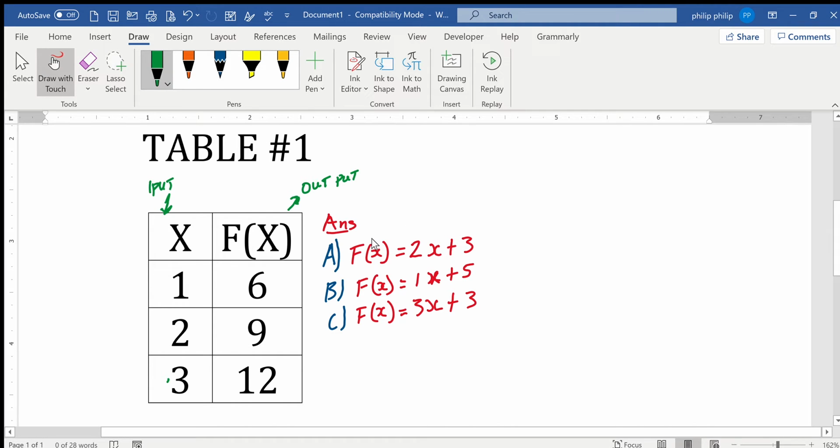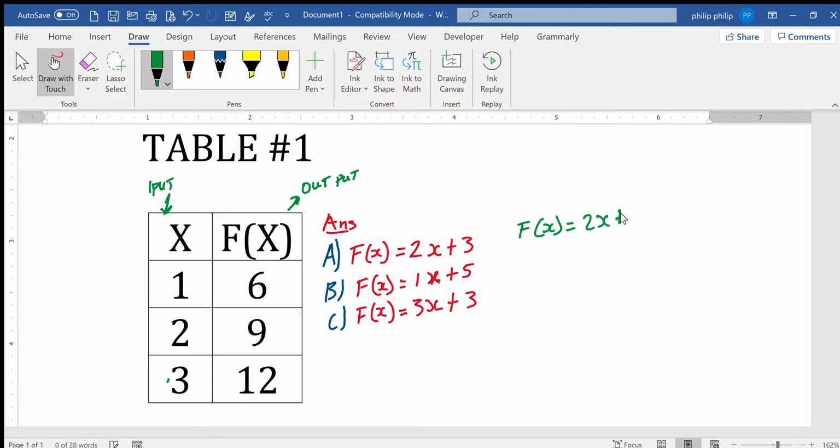So we have our answers given to us here. So what we do is we test the first equation and see. So we have f of x equals 2x plus 3. So we're testing this equation to figure out if it's going to satisfy our output values here.